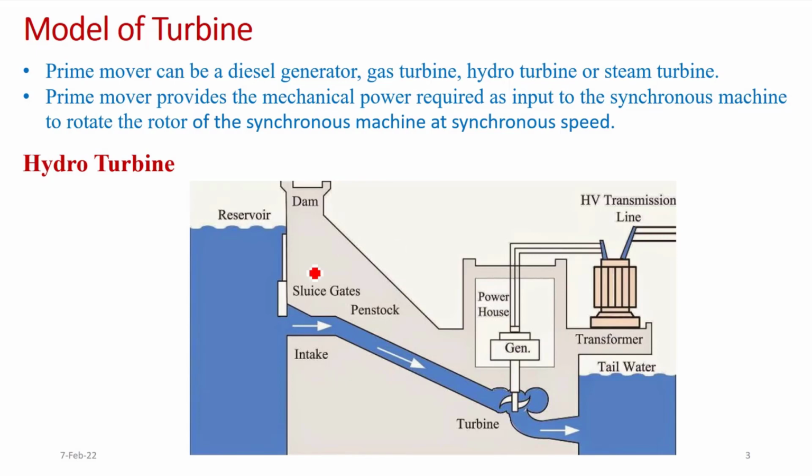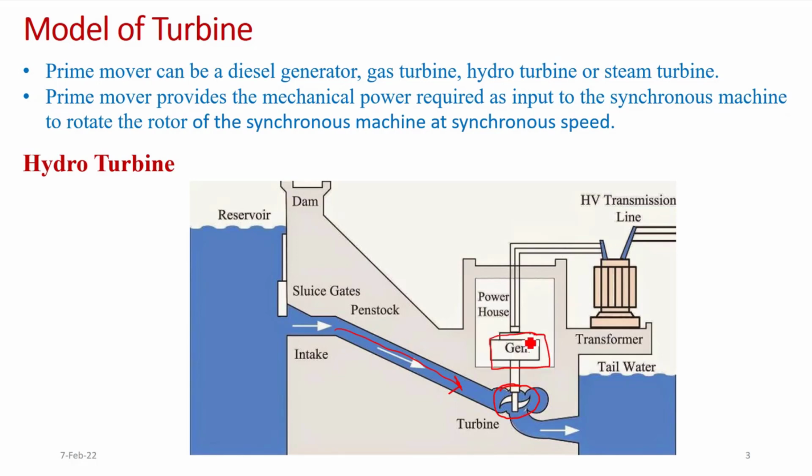The main components in a hydropower plant are the water reservoir and then this penstock we are seeing here. This penstock is connected to the turbine, and the turbine is connected through the same shaft with the generator.